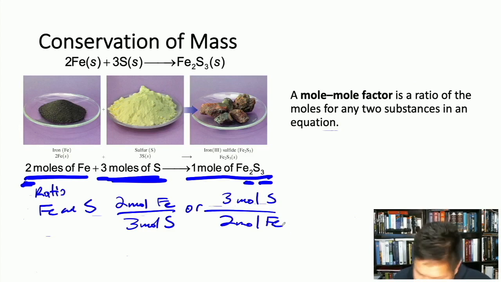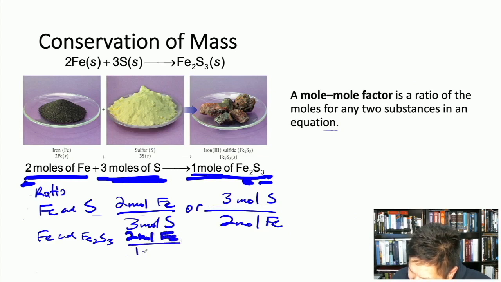Cool. How about the ratio between iron and iron sulfide? Well, we see here that there are 2 moles of iron for every 1 mole of iron sulfide, which is going to be written like this: 2 moles of iron for 1 mole of iron sulfide.